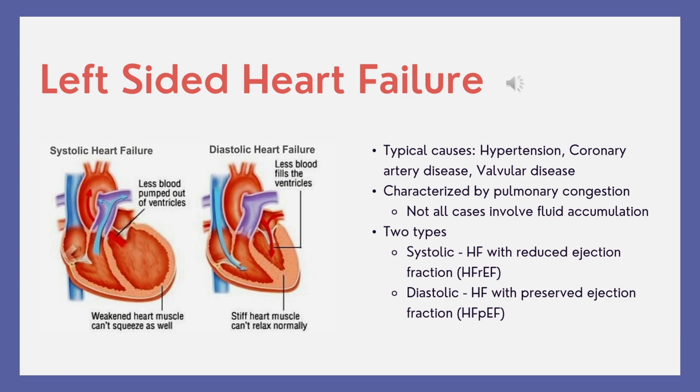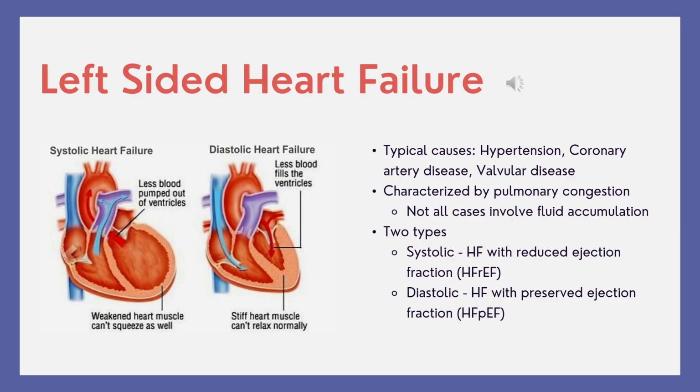Because of the poor pumping ability, blood backs up into the lungs and causes fluid accumulation and impaired oxygenation. Patients who have an ejection fraction of less than 30% are at high risk for sudden cardiac death, and they may require an implantable cardioverter defibrillator, or ICD, to prevent life-threatening arrhythmias.